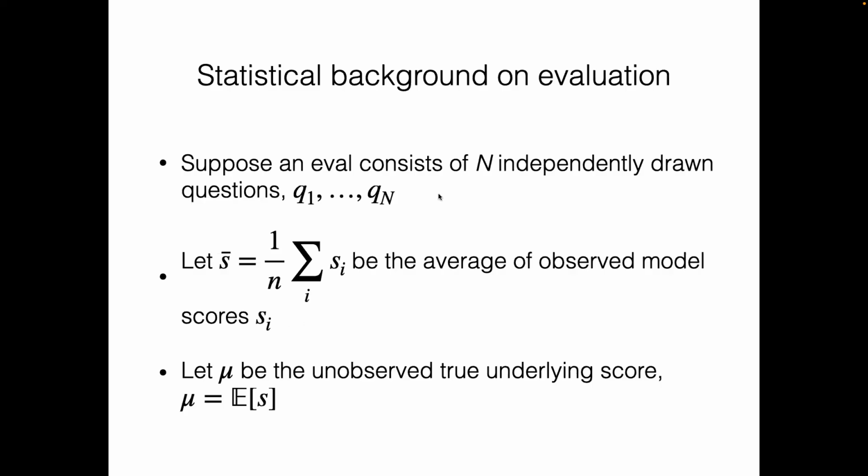Then, as I mentioned, if we view this as being some sample from some underlying distribution or population, then you consider what is the true underlying average if we were to run our model on an infinite number of questions, and we'll call that mu.